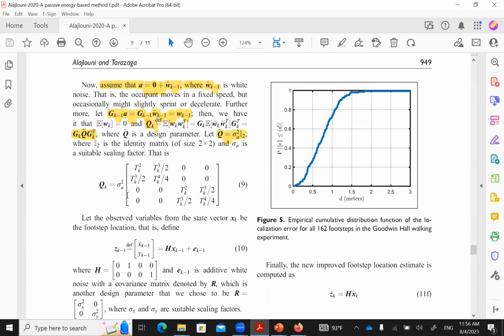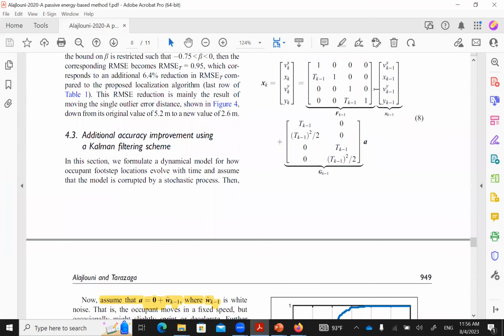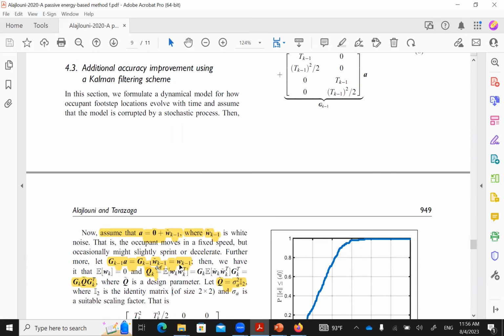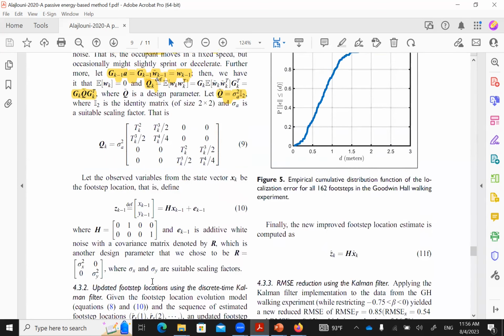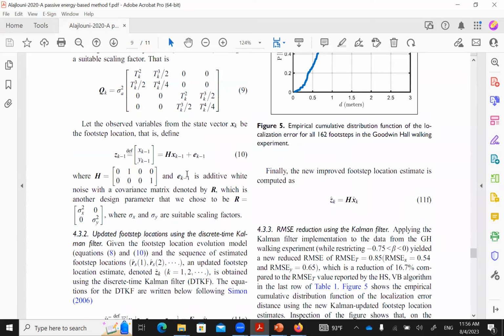Okay, so now we have a measurement model. It's F times X K minus 1 plus W, and for W we have its covariance here. Then in this case, what am I measuring?